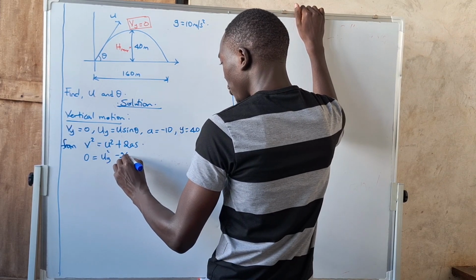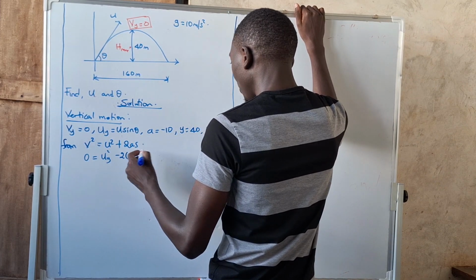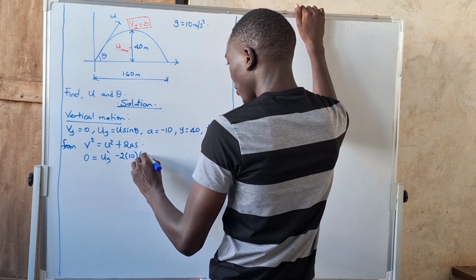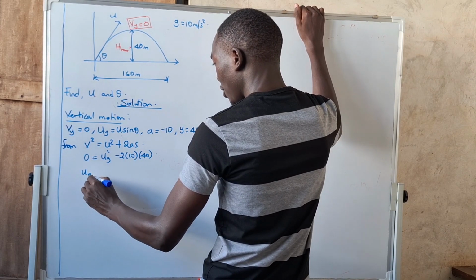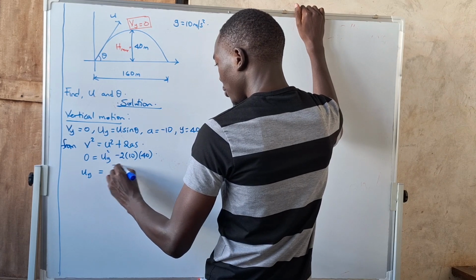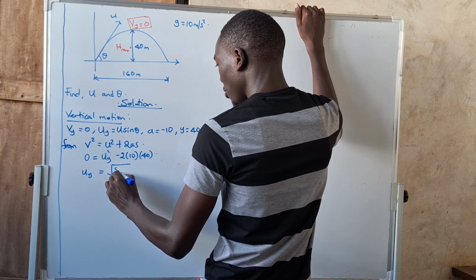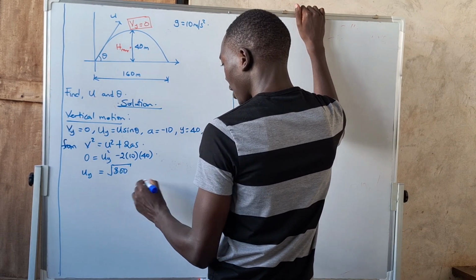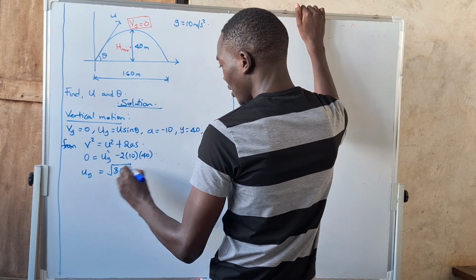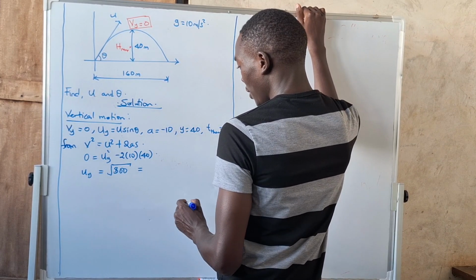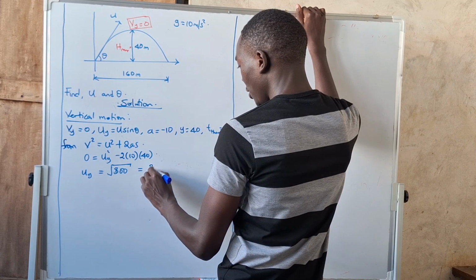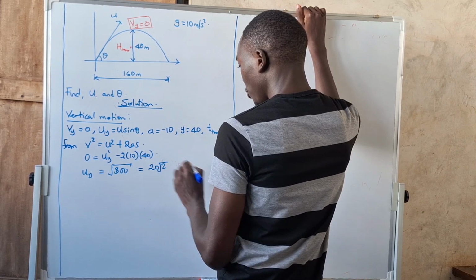This will be minus 2 into 10, and then with the distance, which is 40. So you can clearly see that our uy is going to be equal to the square root of 800. And we know that the square root of 800 is the same as 20 root of 2.